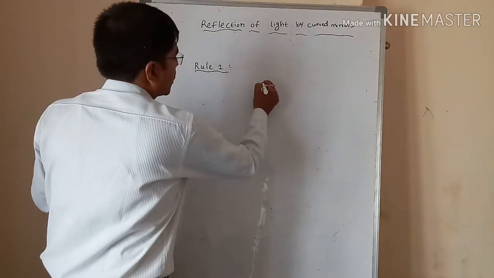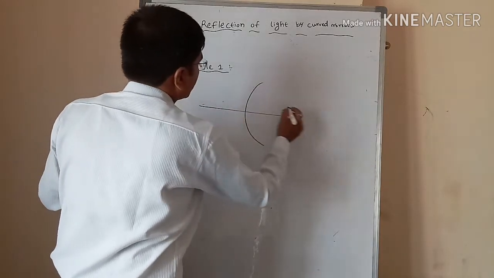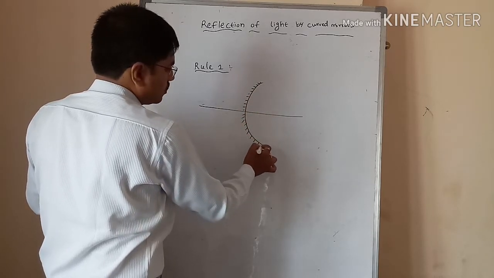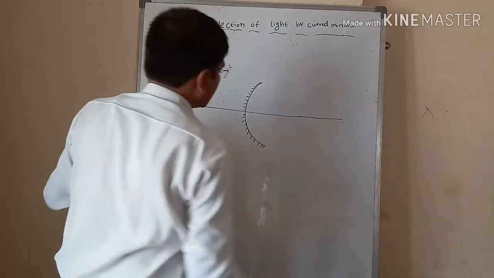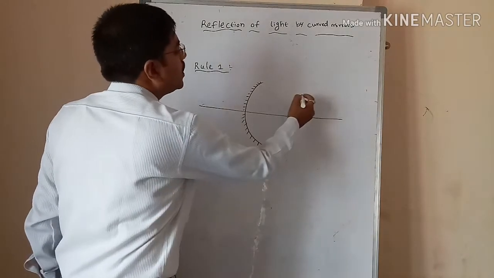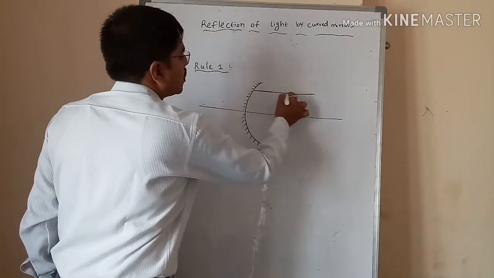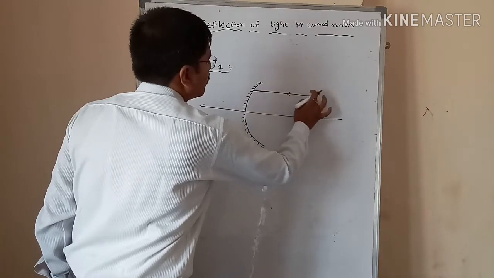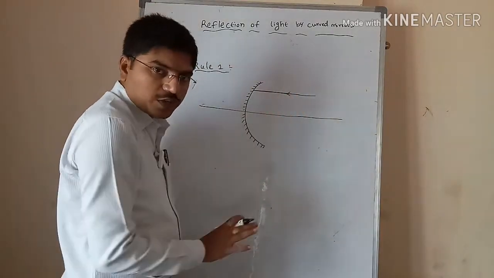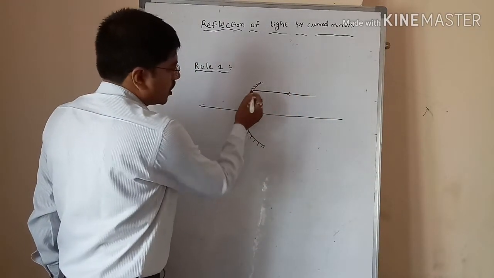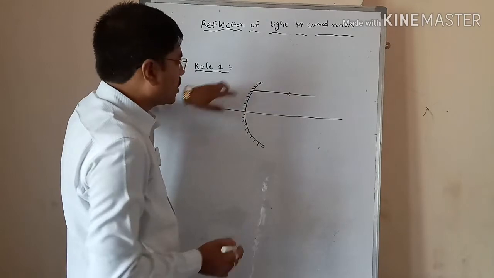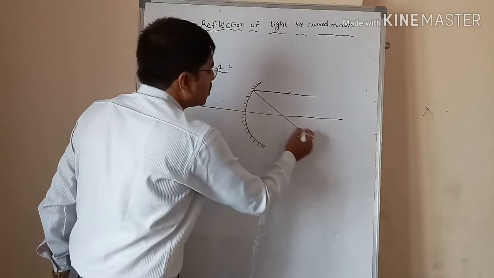I will show that ray diagram. Once you see here, this is a concave mirror, and the principal axis is there. So here, with the concave mirror, if any ray is coming from infinity, we don't know where it is coming from, only one ray will be there, that is A. After reflection from a concave surface, the ray will pass through the focal point.